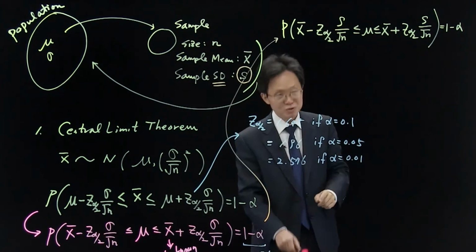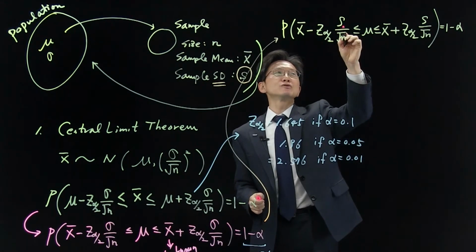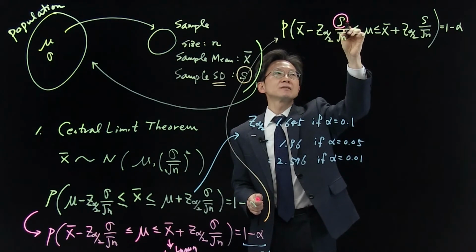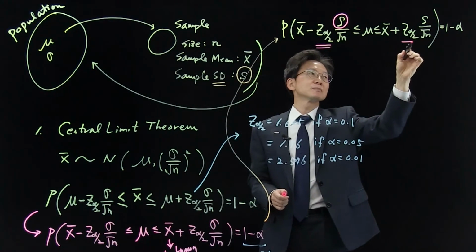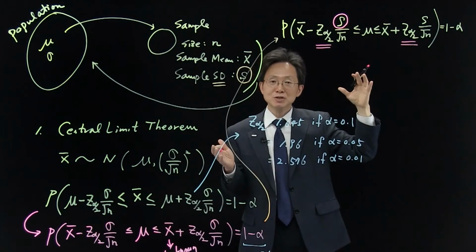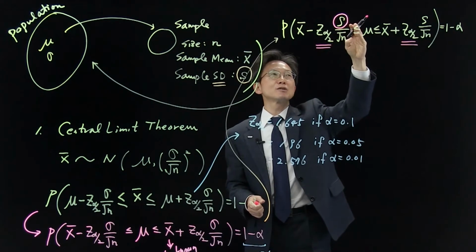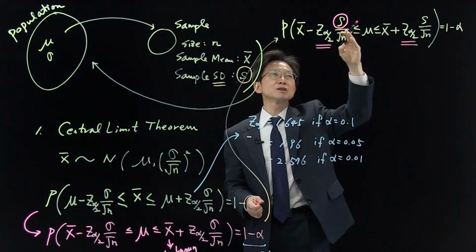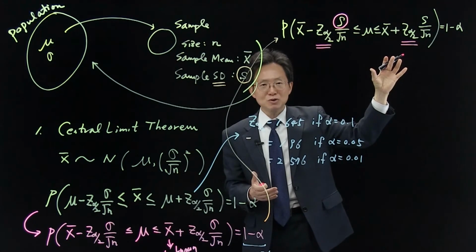I already mentioned the problem during the class. If we use S here, then suddenly we may not use these values, because these values assume that we have a standard normal distribution. If we use S instead of sigma, it does not follow the standard normal distribution.